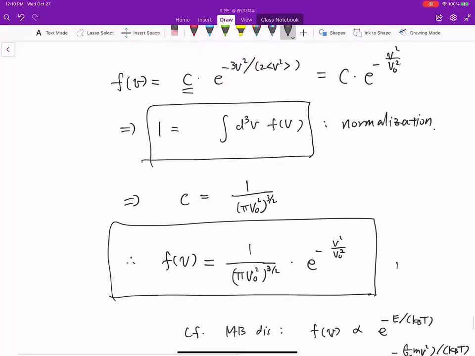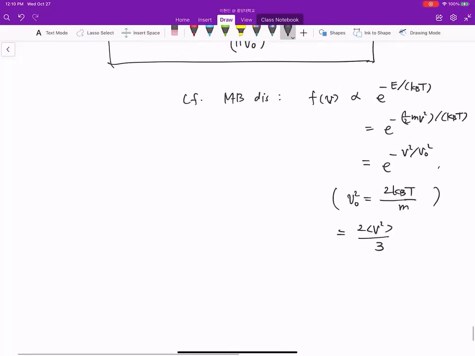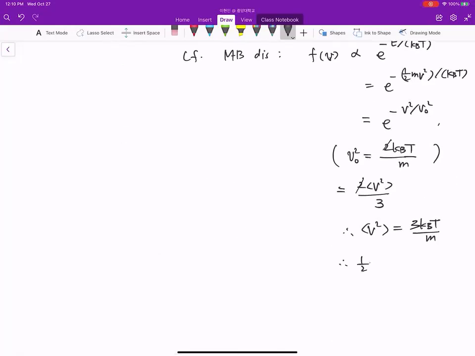So this is the usual thermal average, the equipartition theorem in thermodynamics: the average kinetic energy is written in terms of the temperature. But this is in the case of thermal equilibrium.